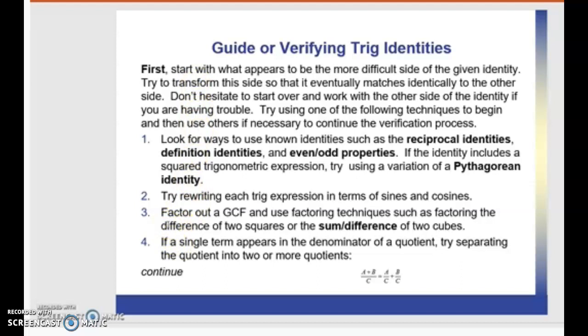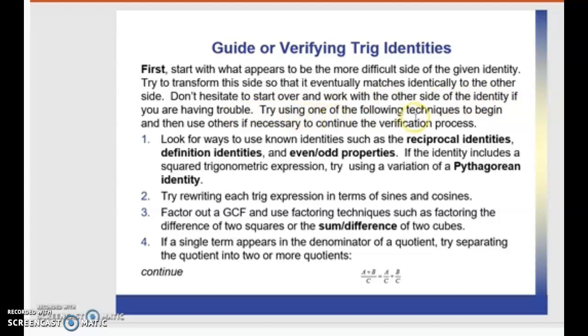Of course, some of the problems will require more than one of these procedures. First, start with what appears to be the more difficult side of the given identity. Try to transform this side so that it eventually matches identically to the other side. Don't hesitate to start over and work with the other side of the identity if you're having trouble.